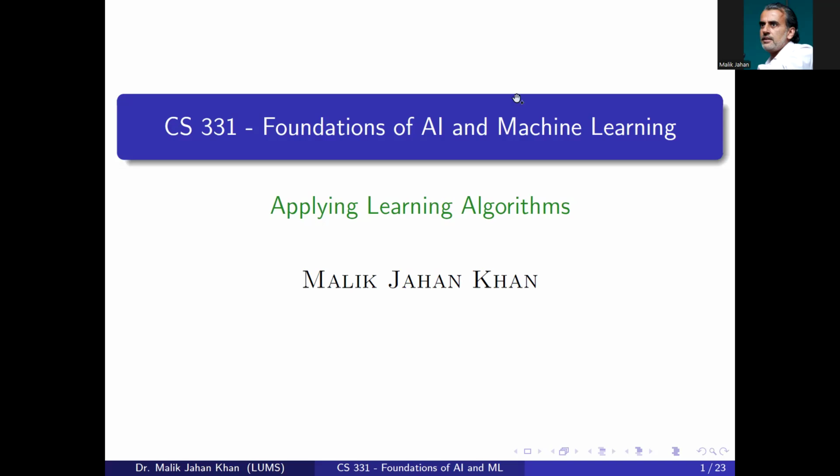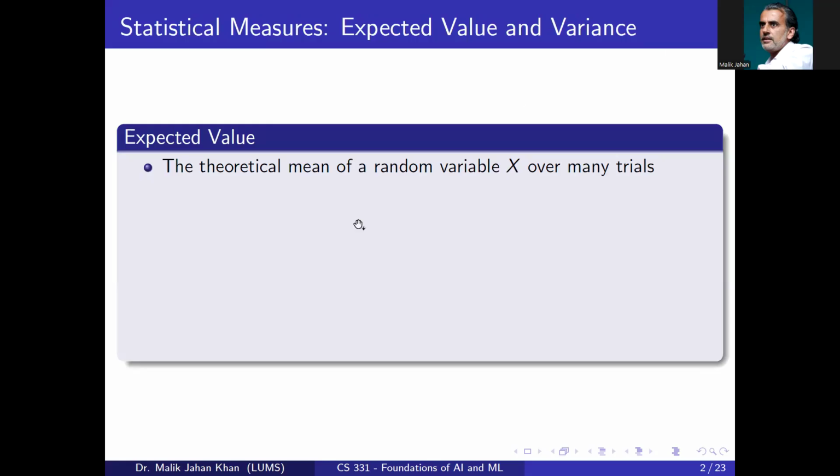some fundamentals. So we'll be talking at the start about two fundamental statistical measures. One is expected value. Expected value is the statistical name for mean or average. So the theoretical mean of a random variable x over many trials is called expected value.